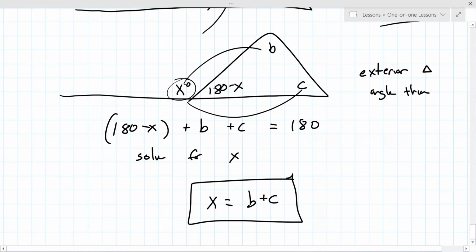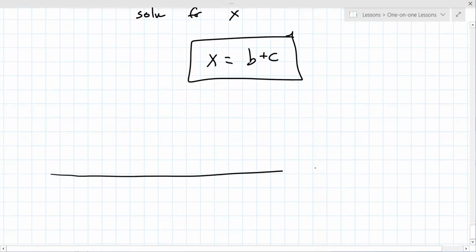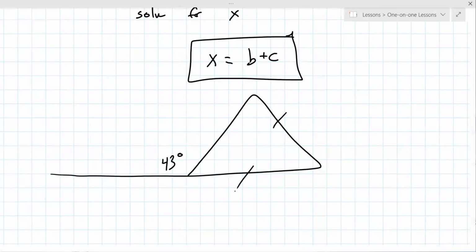So this is extremely useful because let's say I give you a triangle and I tell you that this is 43 degrees and that this side and this side are the same. So what is this angle right here? 137.